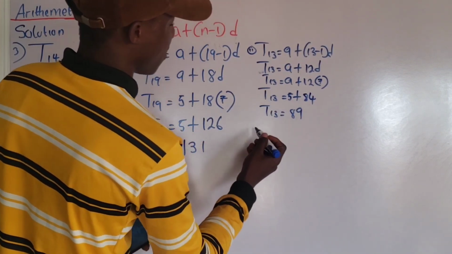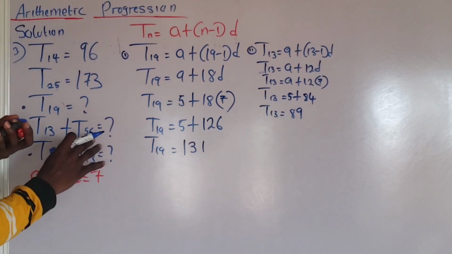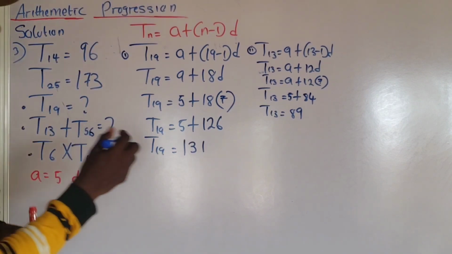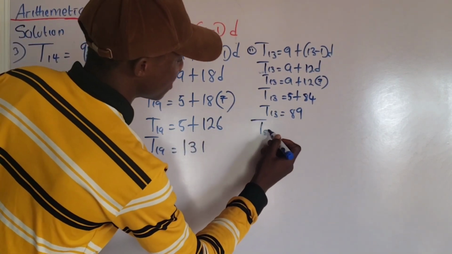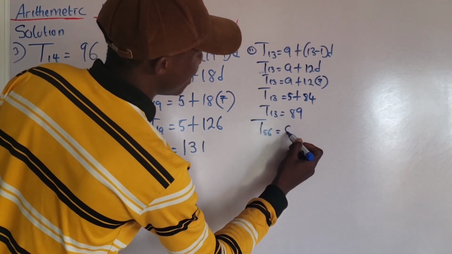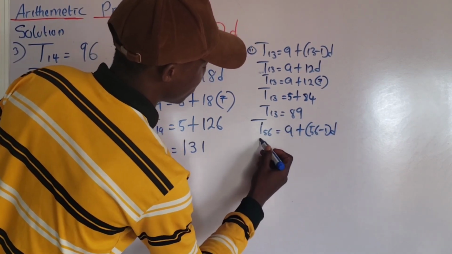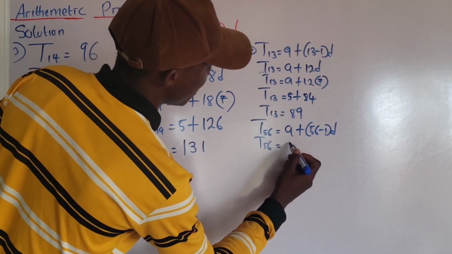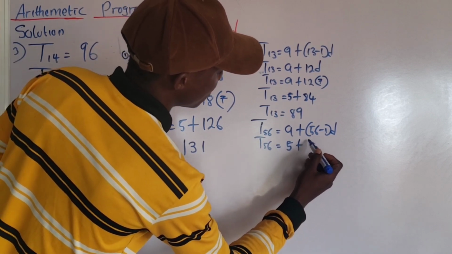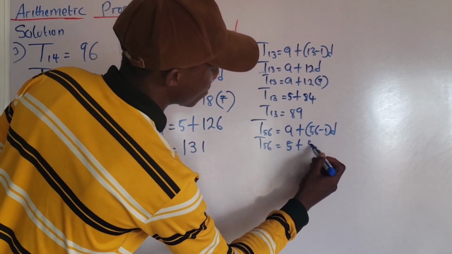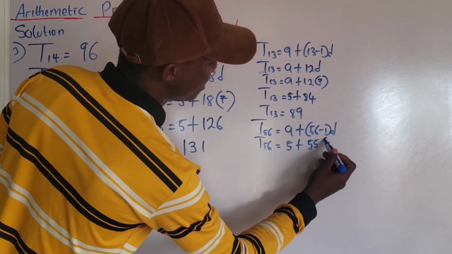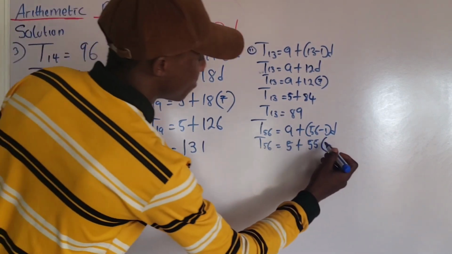Now we need to determine the 56th term as well. The 56th term will be T56. So I'm going to have a plus 56 minus 1 multiplied by d. a is 5, so I'm going to have 5 plus 56 minus 1, that is 55, so 55 multiplied by d. d is 7, so multiplied by 7.